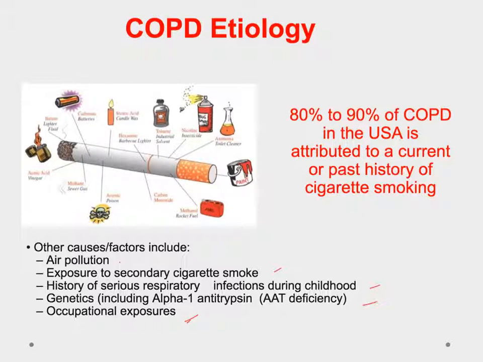Like we wear the special mask when we're in a room with a patient with TB to prevent us from being exposed to that. Some kind of special protective device needs to be provided by the employer to make sure that the workers are not getting a chronic disease from working in that type of environment.